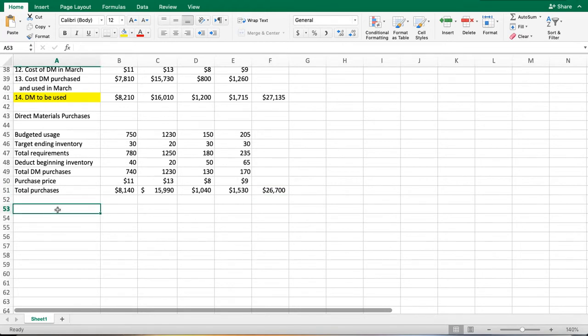Then the next thing we do is our direct manufacturing labor budget. This one's a little bit more straightforward because you don't have to worry about yards and all that. You have hours and you have rate of pay.